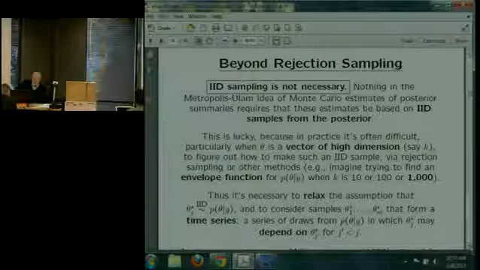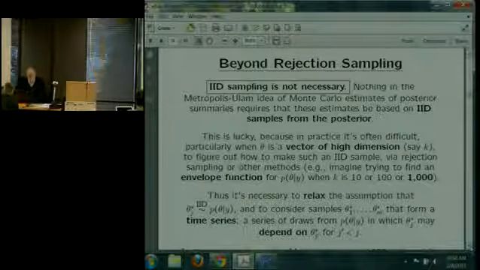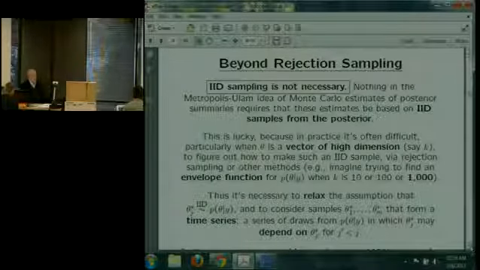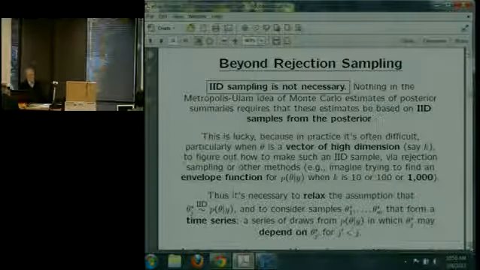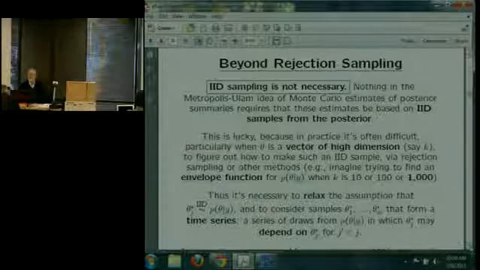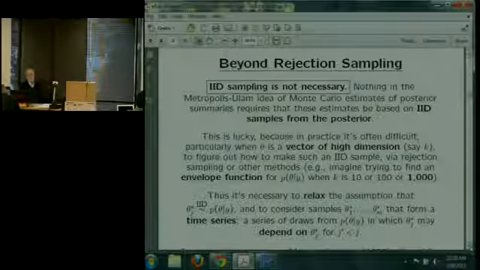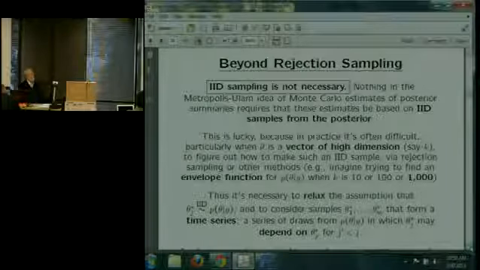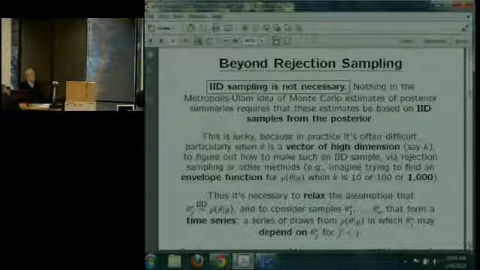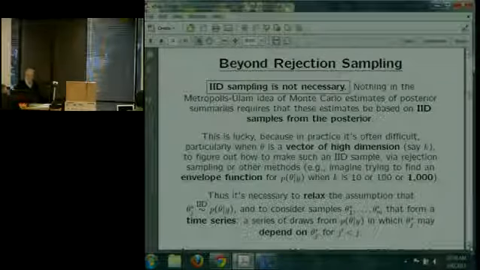And it's a very sad fact about Mr. von Neumann's approach that as the dimension of the vector that you're trying to learn about increases, it becomes increasingly difficult to find an envelope function. It's just harder in high dimensions to guarantee that the function you hope to use as an envelope is in fact everywhere at least as large as the target that you're interested in. You can't really sketch it in 10 dimensions and make sure that you've sketched it high enough, for example.